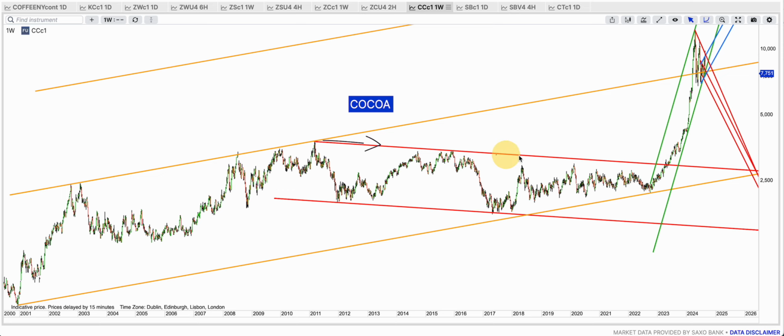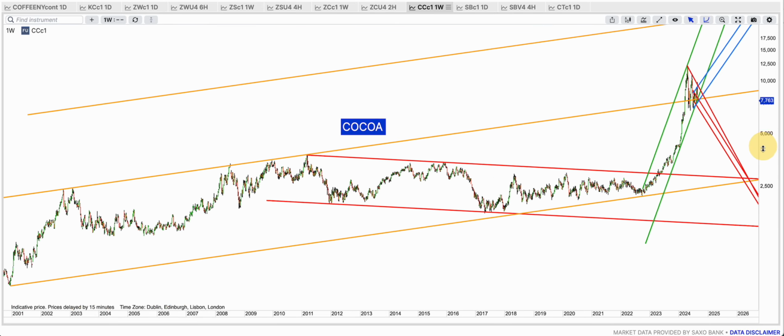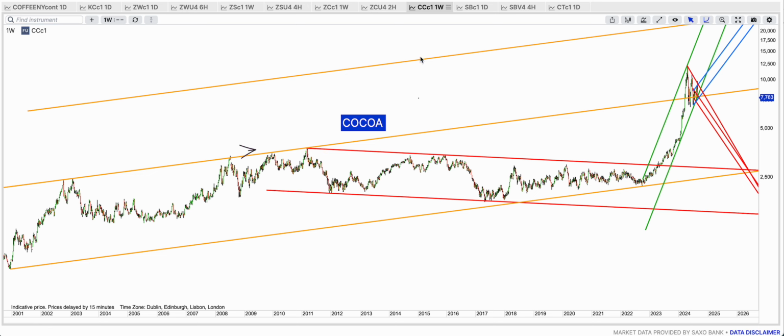remember the red bull flag that was broken to the upside, which is why I gave a bullish signal on Twitter back in 2023. And it took less than 12 months to quadruple after this giant bull flag breakout. And it is still outside of this massive broken uptrend.